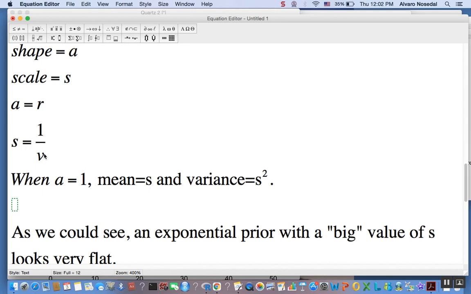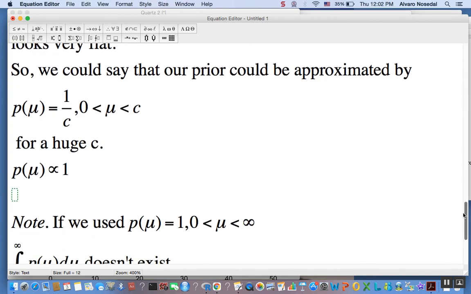Or if you think in terms of that parameter, if s is huge, v has to be really, really small. Make sense? But the idea is still there, that improper priors could be thought of as limit cases for legit probability prior distributions. Okay? And then when you use them, the thing is that even when you are using an improper prior, the posterior will be a legit posterior distribution, meaning a probability distribution that integrates to 1.